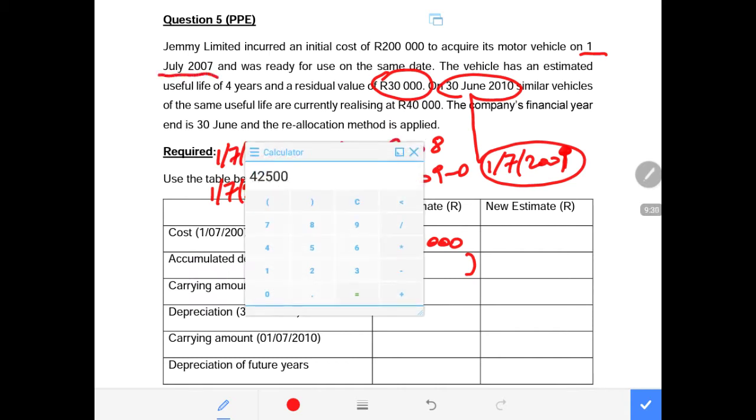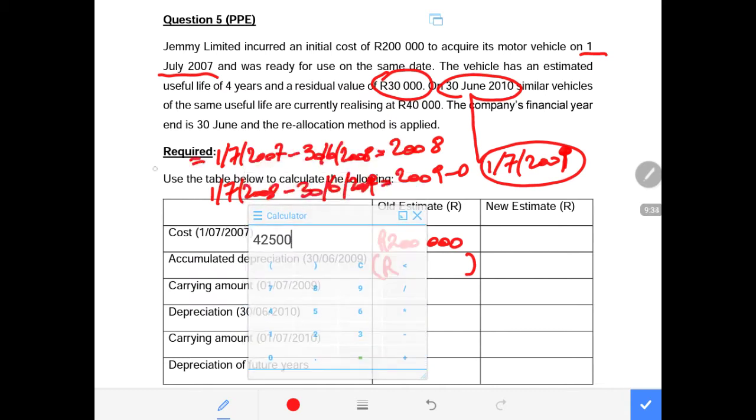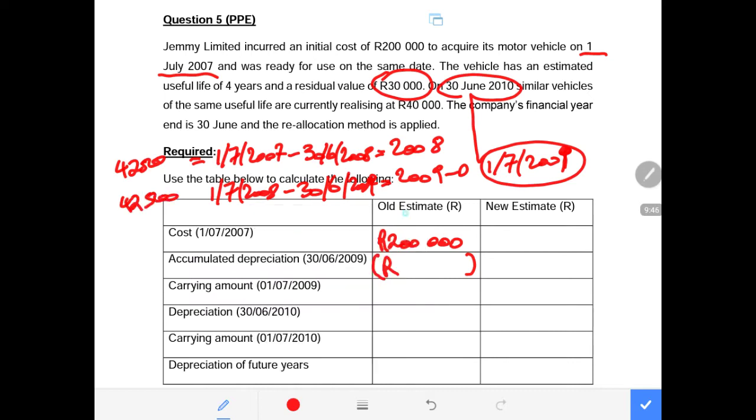This is depreciation for the year 2008. So now for the year 2008, our depreciation is 42,500. Then obviously for the next year it will be the same 42,500. Therefore now we just times this by 2, meaning depreciation for 2 years will be 85,000 rands.